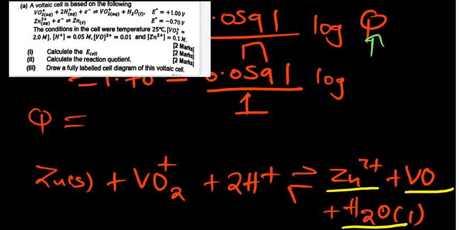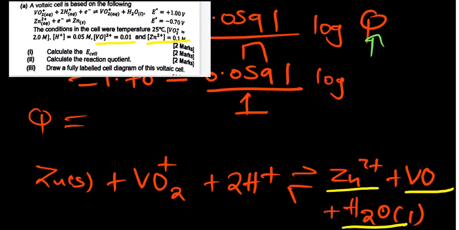Now water is in liquid state, so we can't use it. So what do we have as a piece of information? This is going to be tricky. Zinc 2 plus is there. What else? Our VO, where is it? It's here.